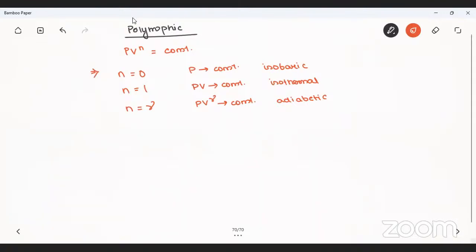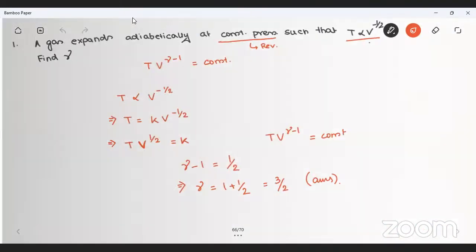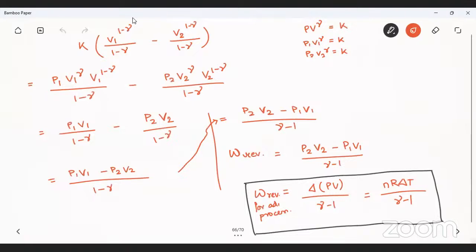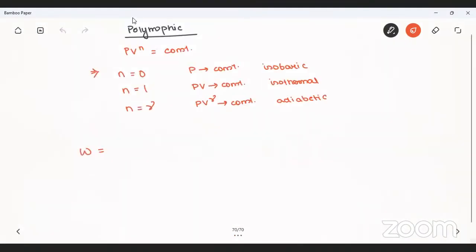So from this, how can we calculate work done? See, from this formula, work done is ΔPV by gamma minus 1. Here also the formula will be exactly the same. Work done will be ΔPV divided by gamma minus 1.